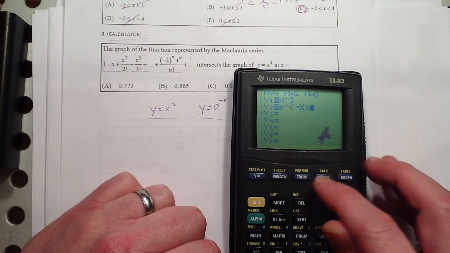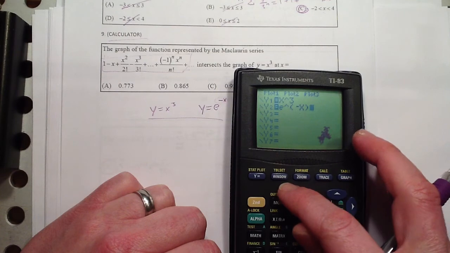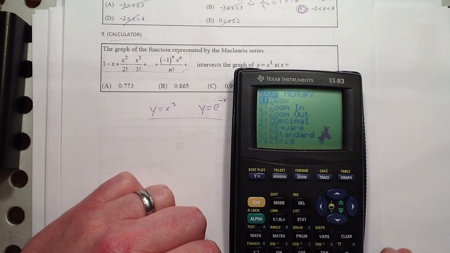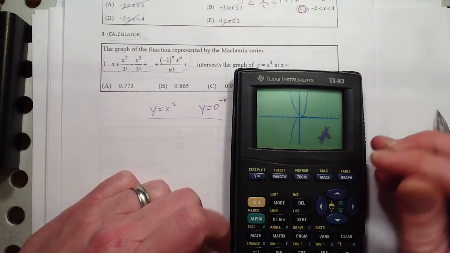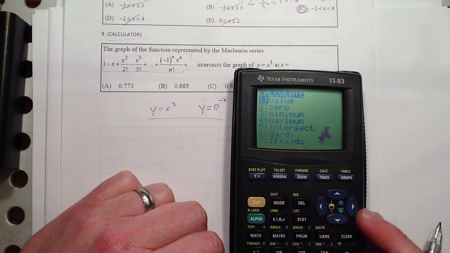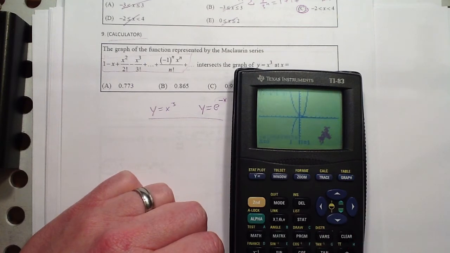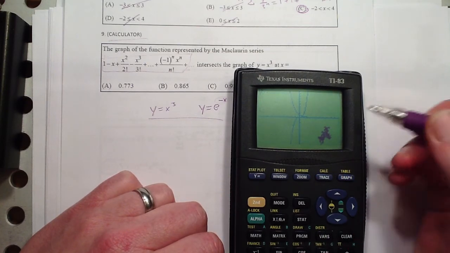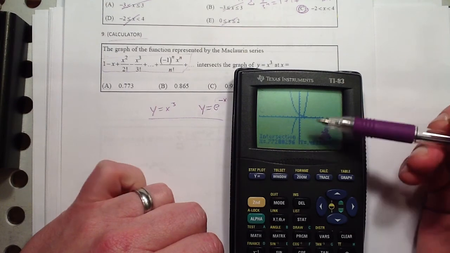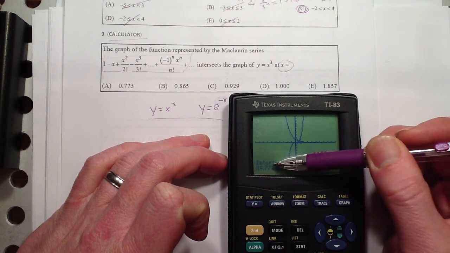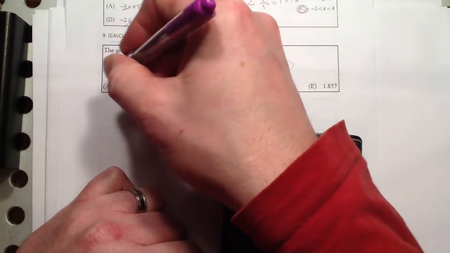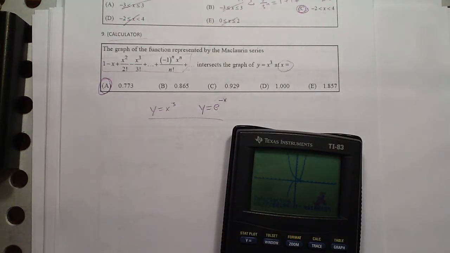And graph, let's go ahead and go back to the standard window. There's the intersection. Second, calculate the intersection of these two curves. So they intersect at x equals 0.773. That's choice A.